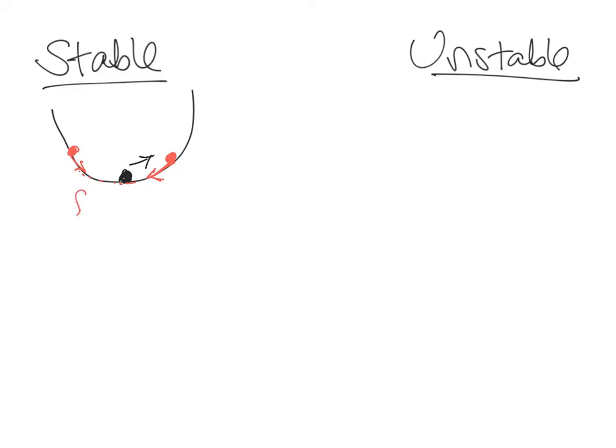So what does that force that it feels is, wait for it, the negative slope of the curve, right? This little U-shaped thing is really a curve of U, the U versus X, right? And it feels a force in the opposite direction of that slope.